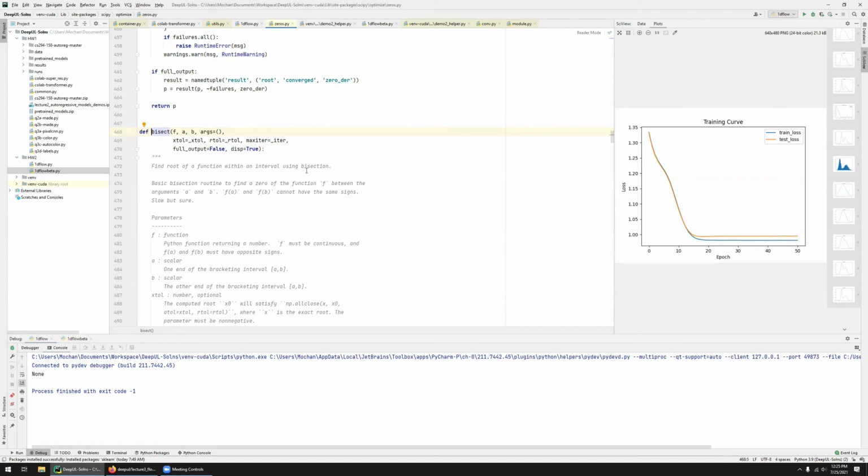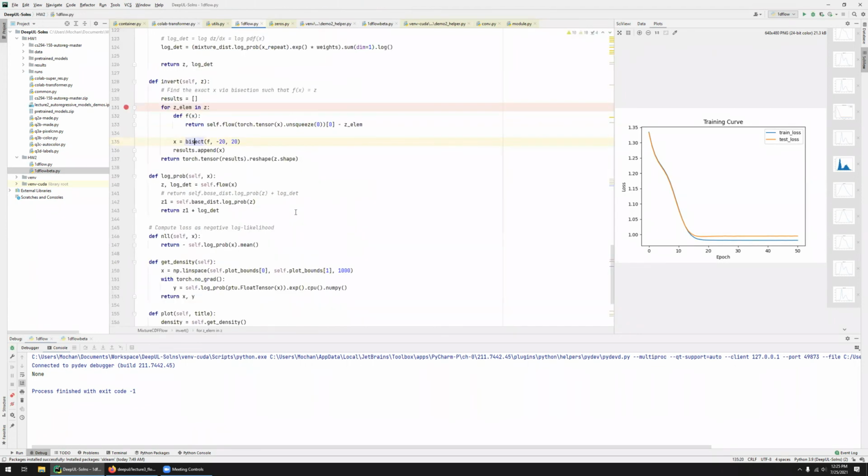Oh, okay. So you have f and you have a and b, and you find a 0 between those 2 points. So it's akin to finding the root of a function.